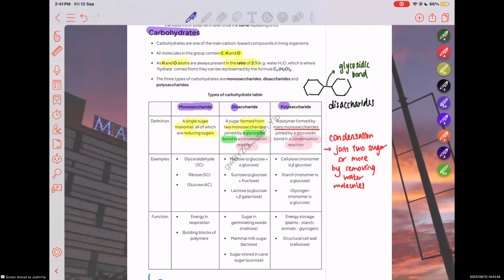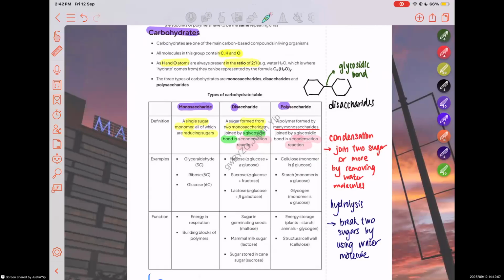And we got another process called hydrolysis. Okay, let us do some revision. Hydrolysis is where you break two sugars by using a water molecule.